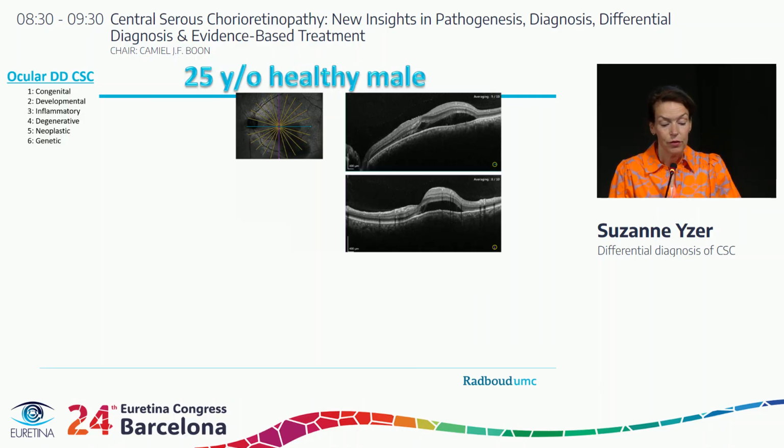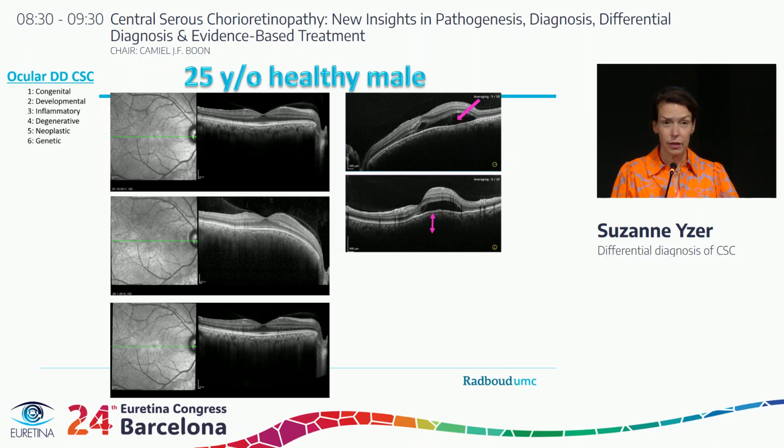So this 25-year-old healthy male came to the emergency room because of loss of vision in the left eye. He was also referred to me because of his central serous chorioretinopathy. Indeed, there is presence of subretinal fluid, some focal thickening, possibly of the choroid. And here are the OCTs of his right eye. Look here. You can see that this entire segment is kind of pushed upwards.